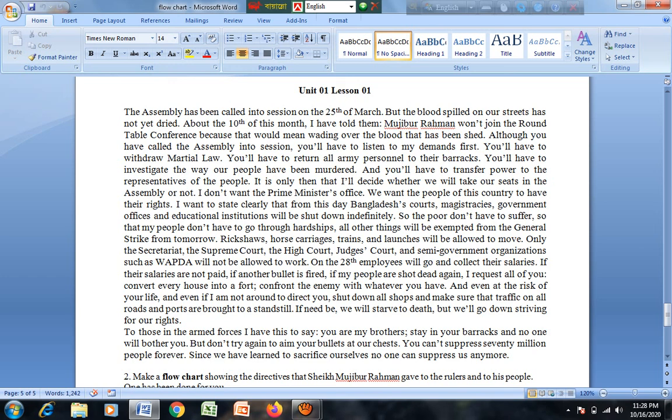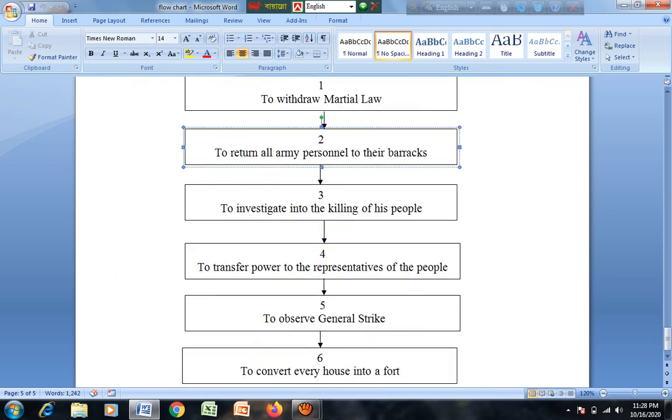If you go through the passage, you will get all the information you need to fill in the boxes. Then box number 3, to investigate into the killing of his people. Many people of the then East Pakistan were killed by the brutal Pakistani rulers, and Bangabandhu demanded investigation into the killing of his countrymen.